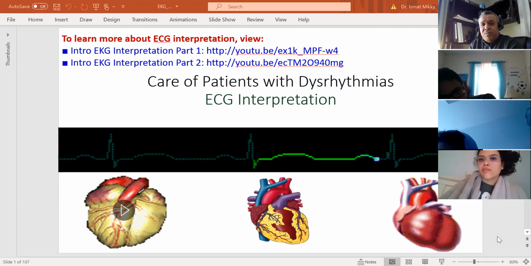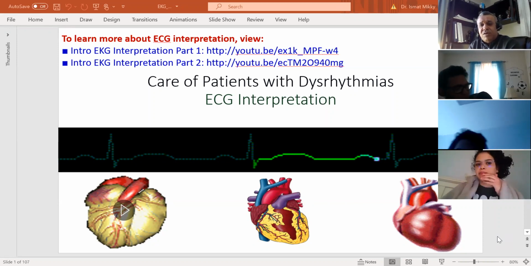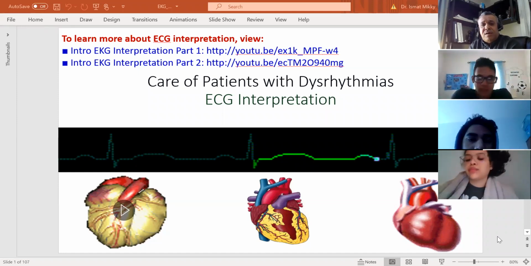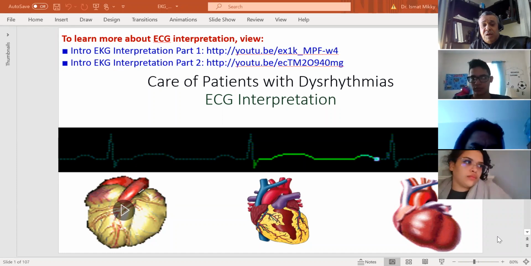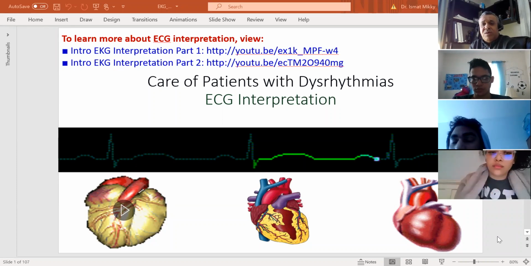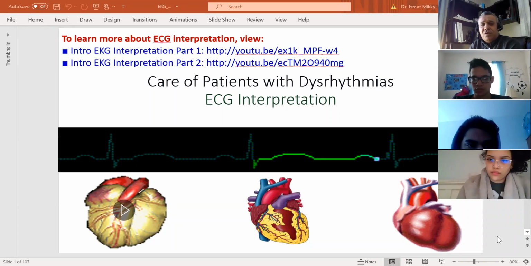So patients develop dysrhythmias for different reasons, and we'll start from the pathophysiology and go over the different types of dysrhythmias. We don't call them arrhythmias because arrhythmia means there is no rhythm. So the better term to use is dysrhythmia, not arrhythmia.